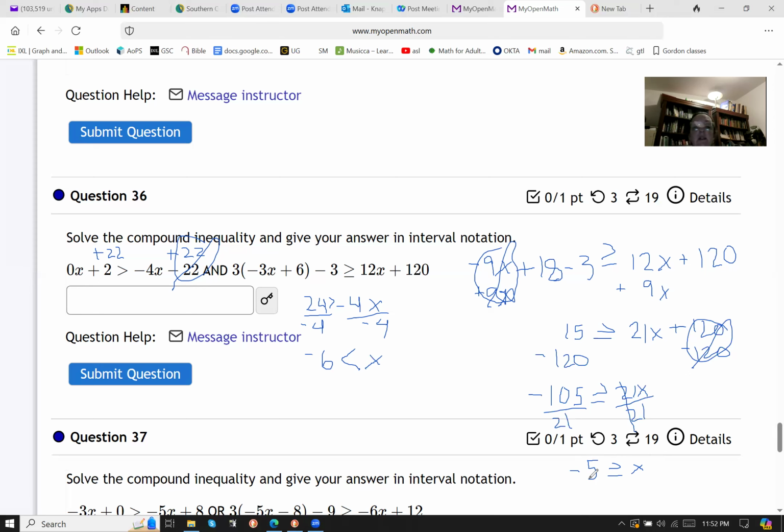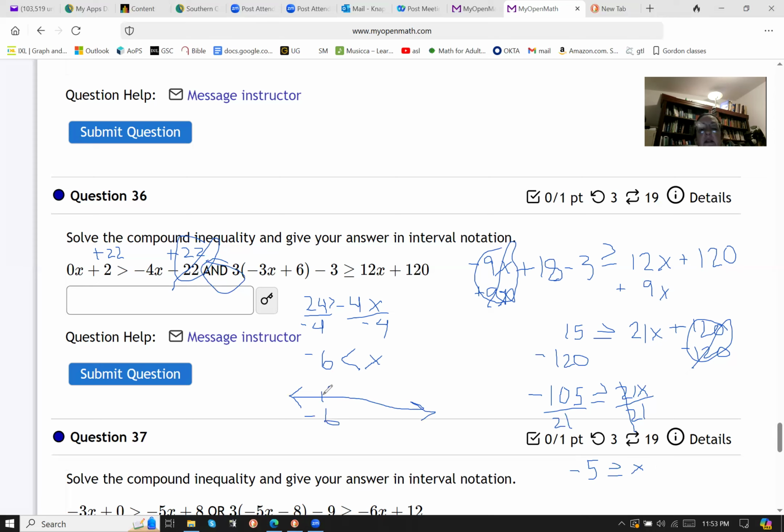So now we're ready to deal with the "and" portion of the problem. For the left-hand inequality, we have x is greater than negative 6. But we also see that x is less than or equal to negative 5. So let's look at where we might have some overlap here. All the numbers have to be greater than negative 6.